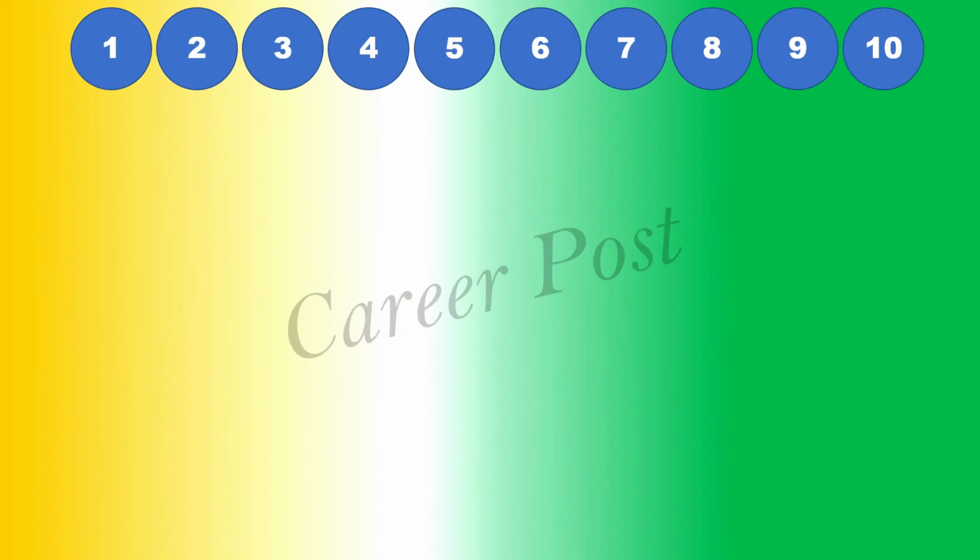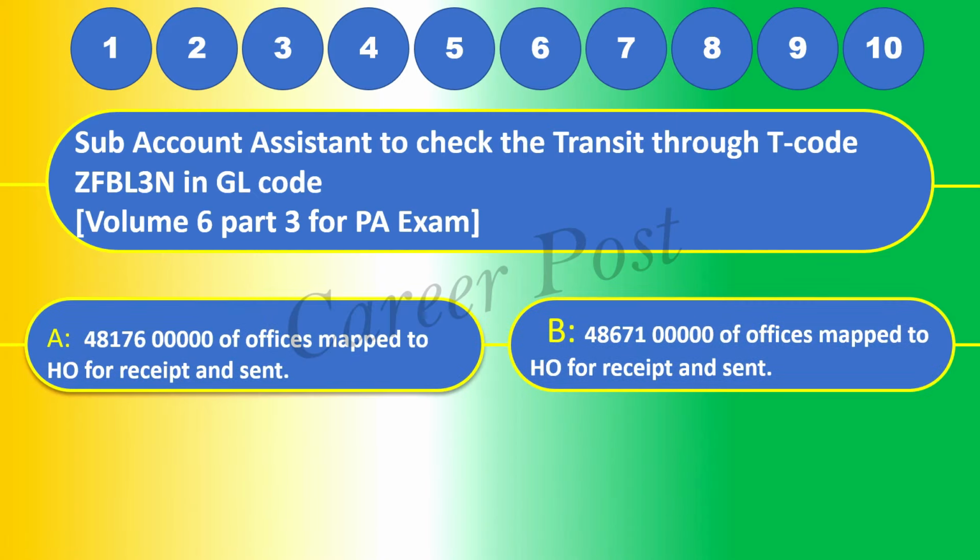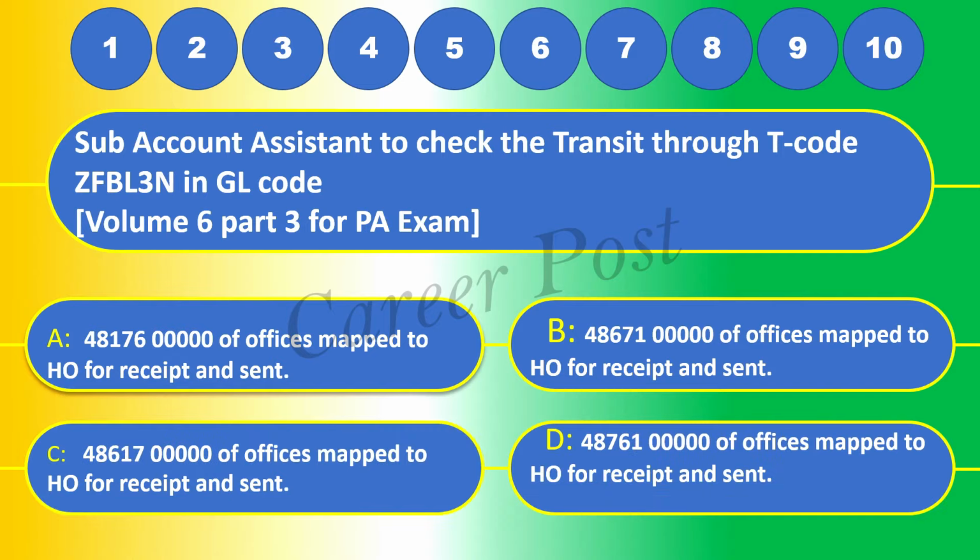Okay. Next question. Sub-account assistant to check the transit through T code ZFBL3N in the GL code. Now they are asking for the GL code, the T code is over. A. 4817650 of office map put to HO for receipt and sent. B. 4867150. C. 4861750.